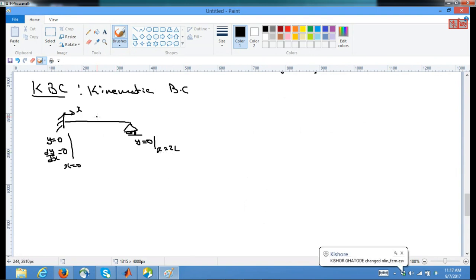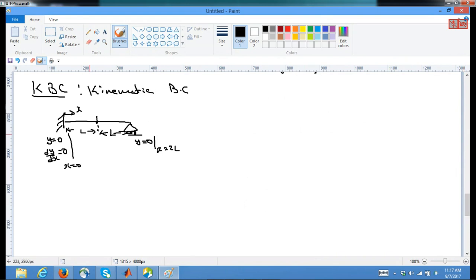If I measure from here, then the new x dash, the new local coordinate system, this would be L, because this distance is L. Here I wrote the boundary condition in terms of the global coordinate system x. That's the reason to write it at 2L.